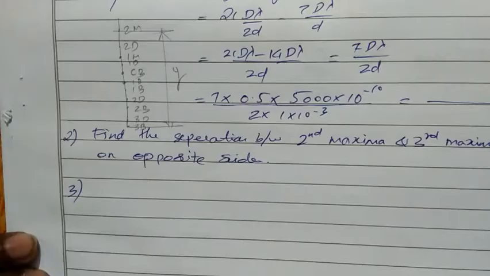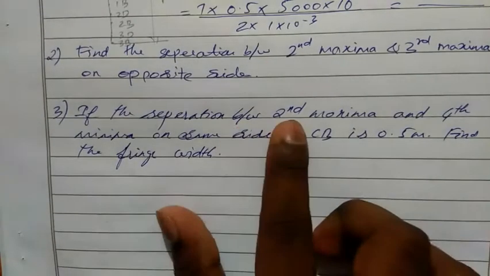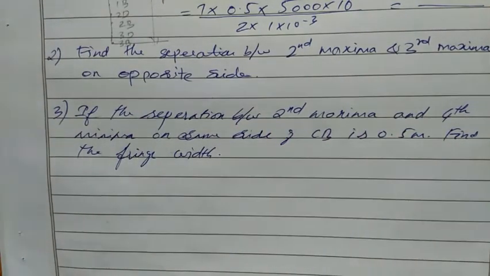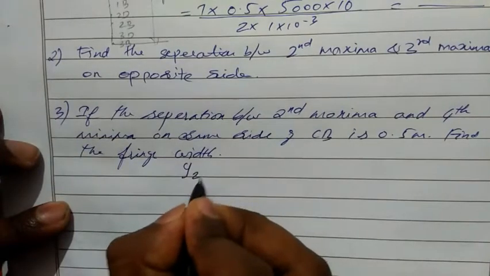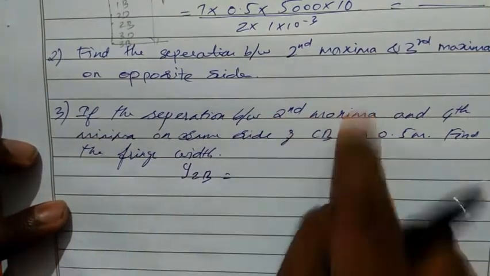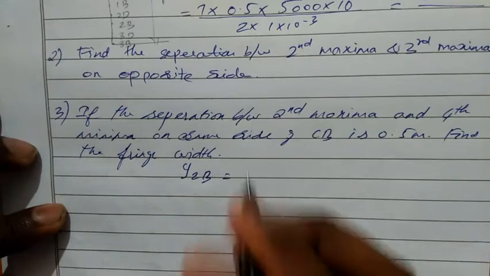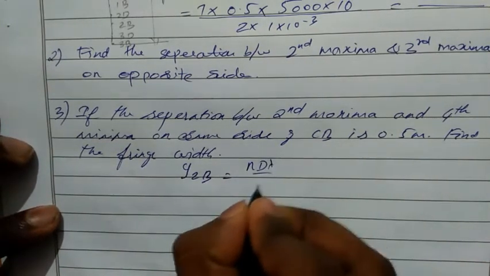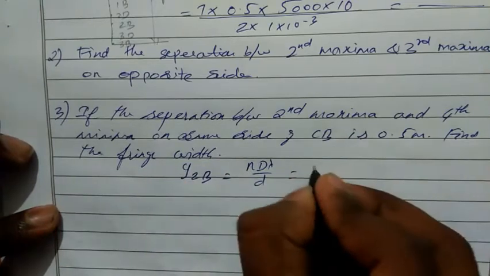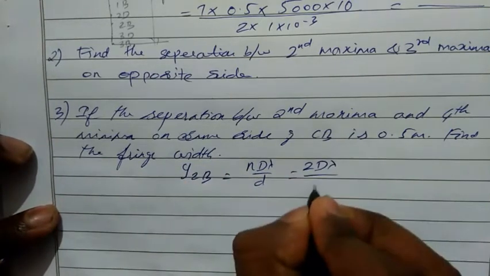If the separation between the second maxima and fourth minima on the same side of the central bright fringe is given as 0.5 meter, we have to find the fringe width. Write the formula. For y2b, second maxima, the formula is n d lambda divided by d, so n is 2: 2 d lambda divided by d.